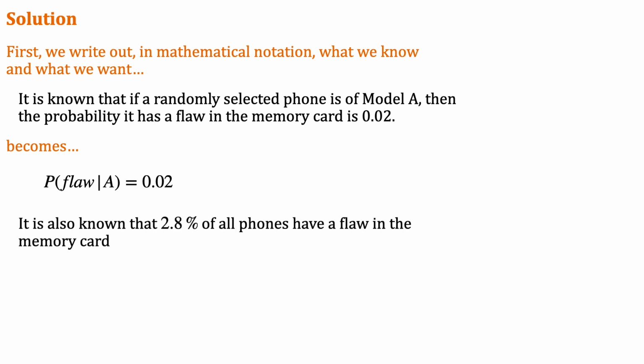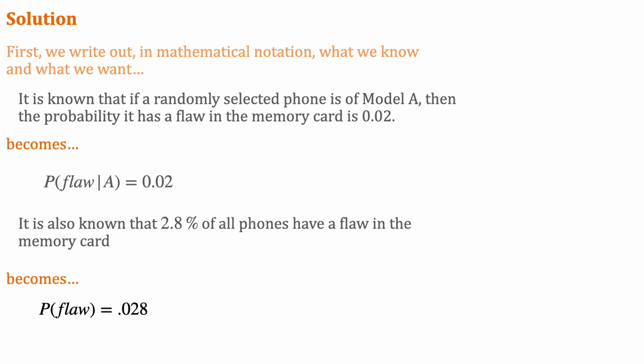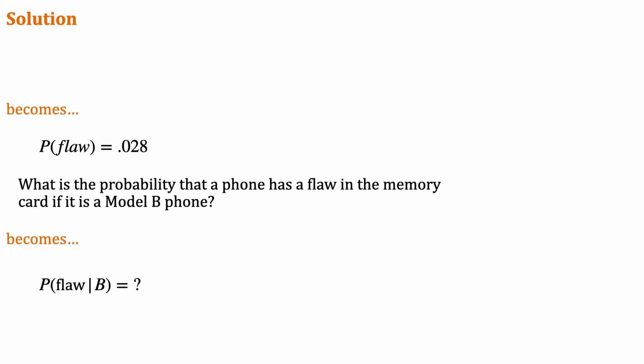The next point was, it is also known that 2.8% of all phones have a flaw in the memory card. That's simple, that's just talking about all phones. So that becomes the probability of a flaw equals 0.028. What is the probability that a phone has a flaw in the memory card if it is a Model B phone?